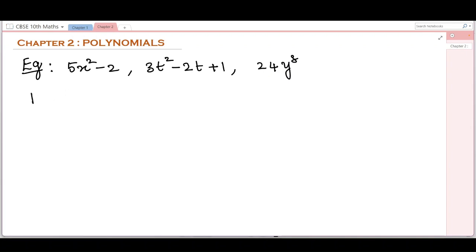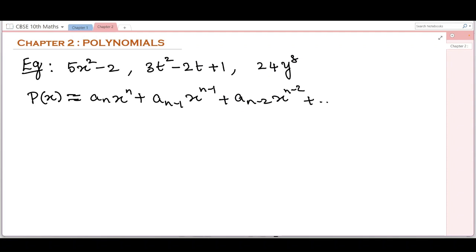So in general, polynomial is expressed using this notation p of x, and polynomial is defined in general as a_n x power n plus a_(n minus 1) x power n minus 1 plus a_(n minus 2) x power n minus 2 plus etc. plus a_1 x plus a_0, where x is the variable in which the polynomial is expressed.